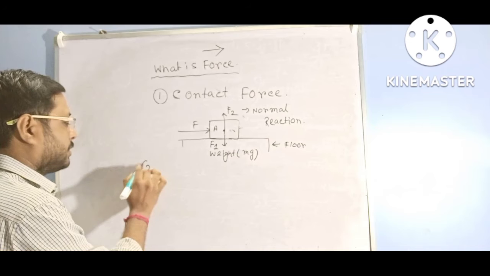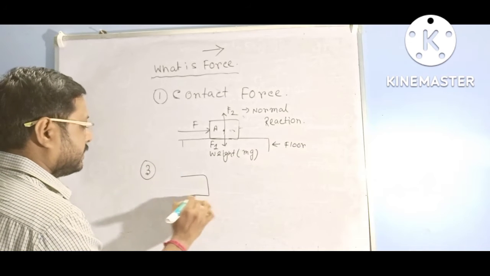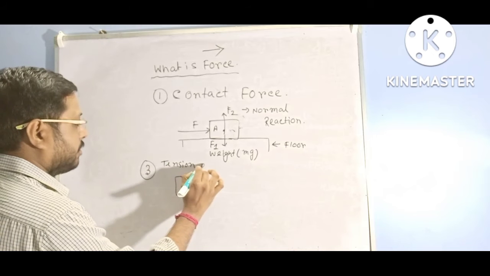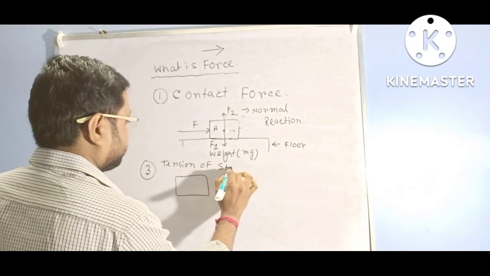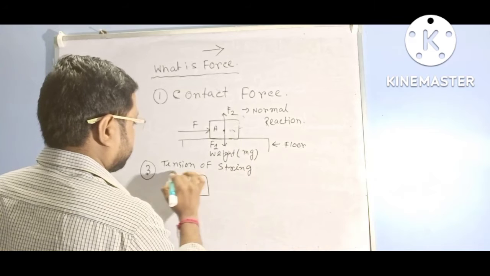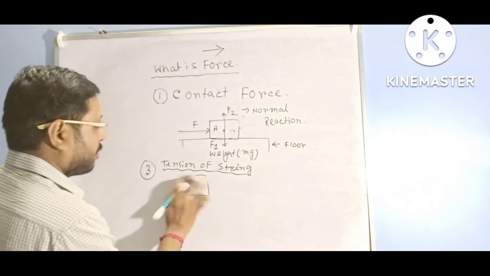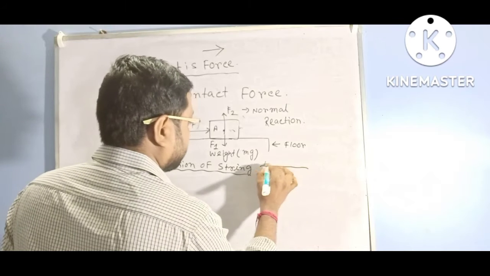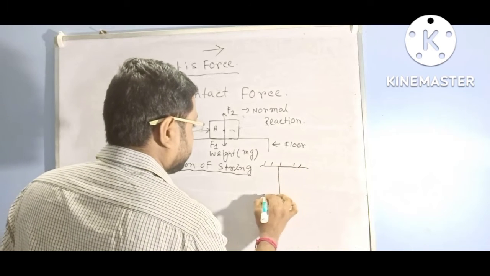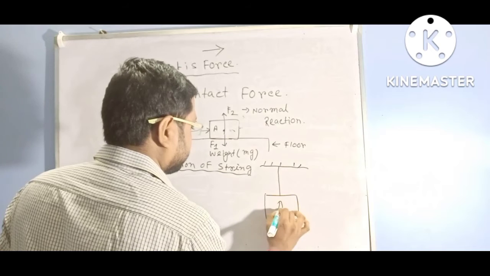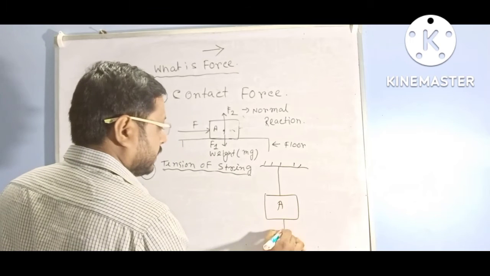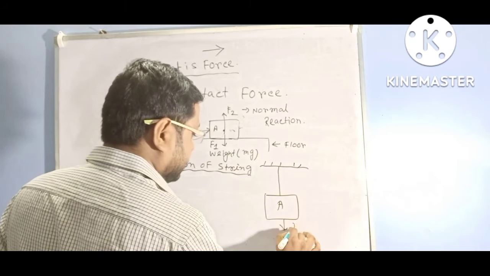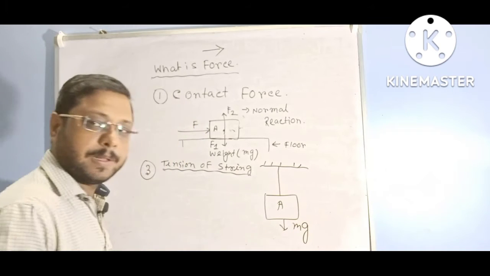Another example of contact force is tension of string. If a body is suspended from a rigid support with a string, then the force due to gravity acts in the downward direction, mg.